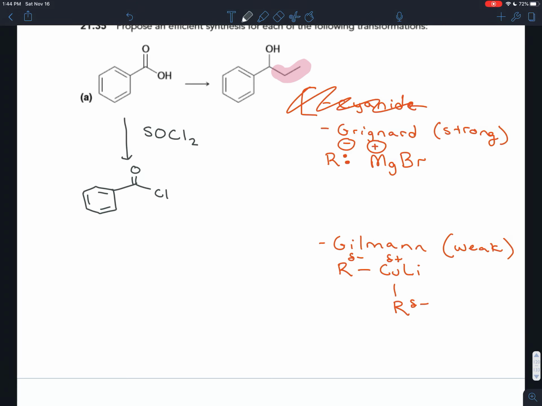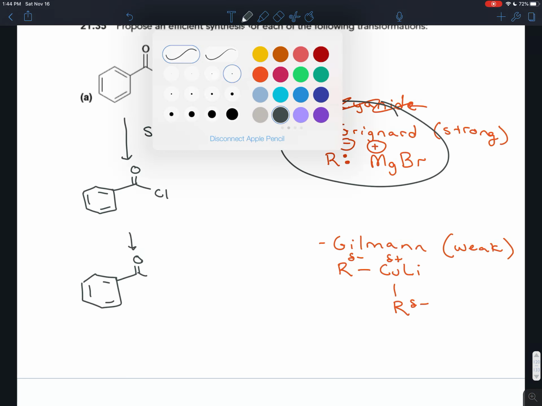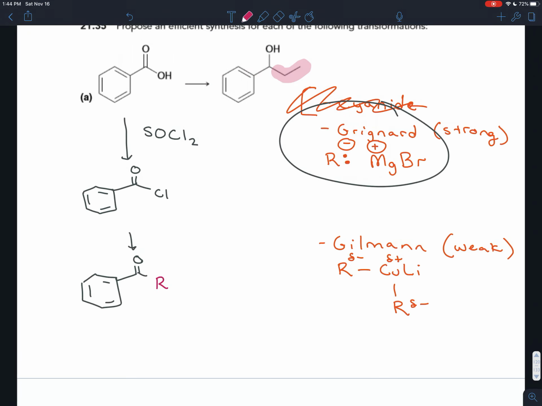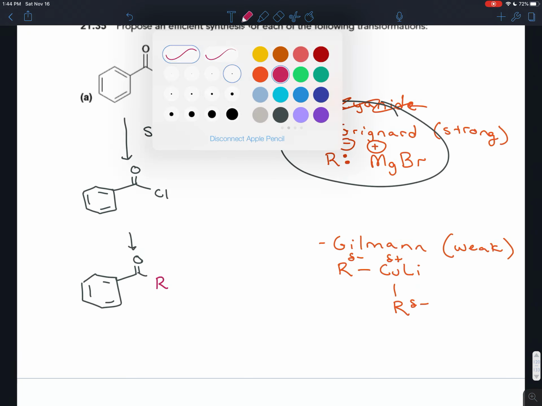But which one do we want to use? The Grignard reagent or the Gilman reagent? The strong carbon nucleophile or the weak carbon nucleophile? If we treated this with a Grignard, after the first addition, the carbon nucleophile would attack once, and you would have the carbon attached there, replacing the chlorine.